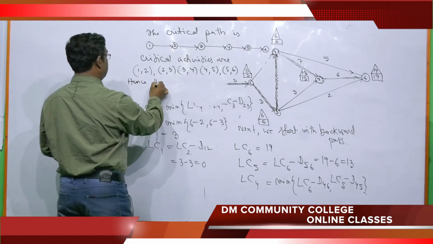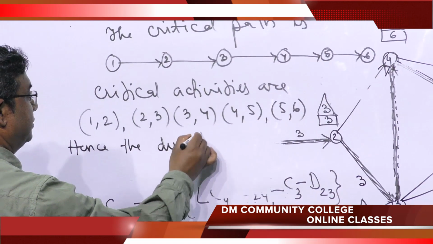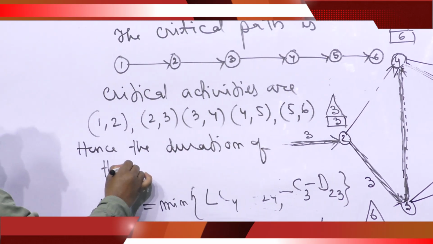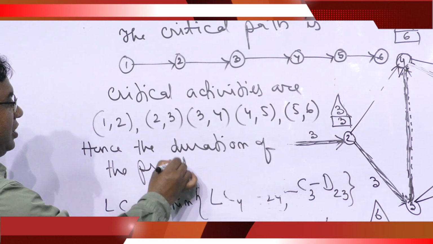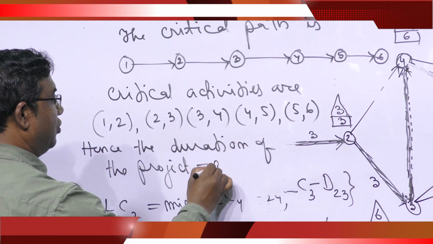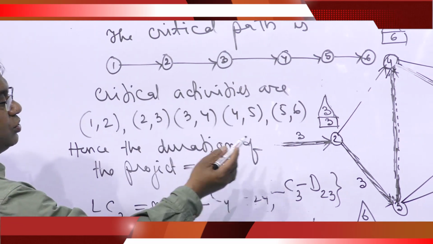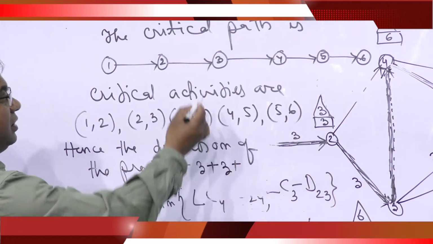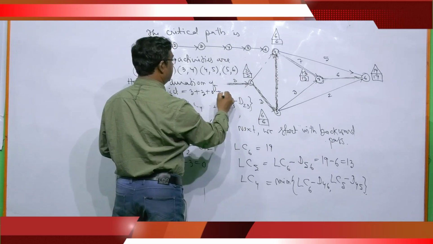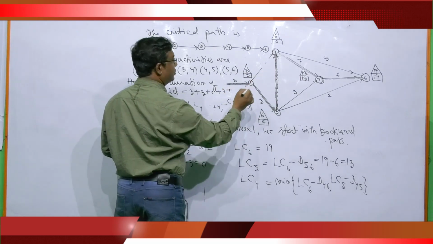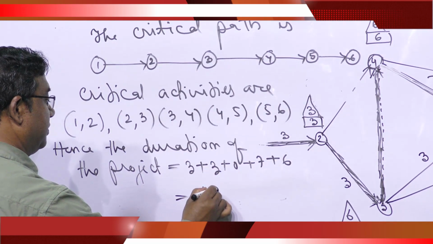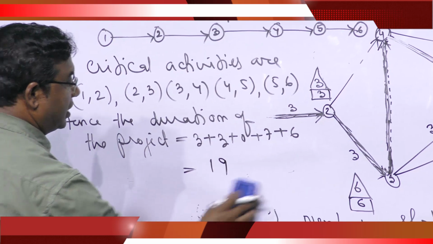Hence, the duration of the project: 1 to 2, time duration is 3, 2 to 3, 3, 3 to 4, 0, 4 to 5, 7, 5 to 6, 6. This is 6, 19. The duration of the project is 19.